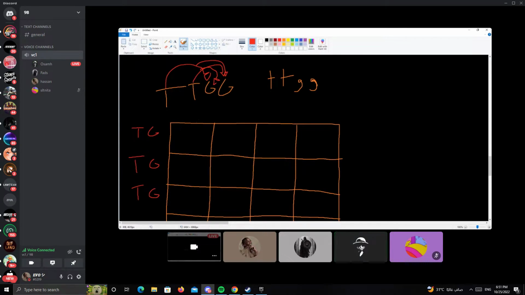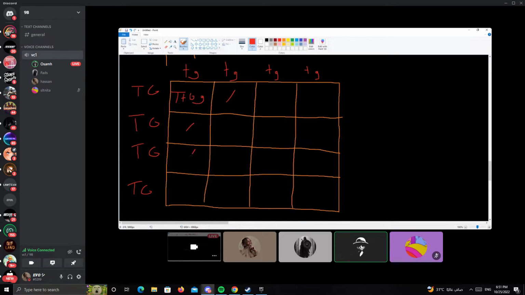And this one is also gonna be lowercase. So all the offspring are just gonna be T. That's all of them. It's just gonna be the same on all of them.